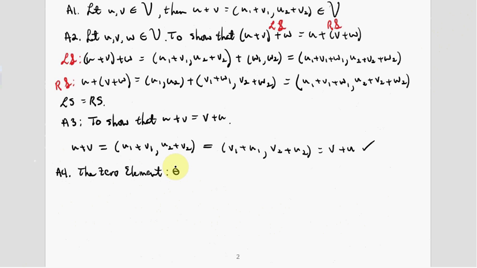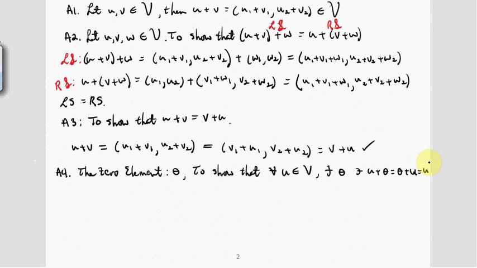So here, to show that for every u that's in this space, there exists a 0 such that u plus 0 is the same thing as 0 plus u, and hopefully that gives us u.